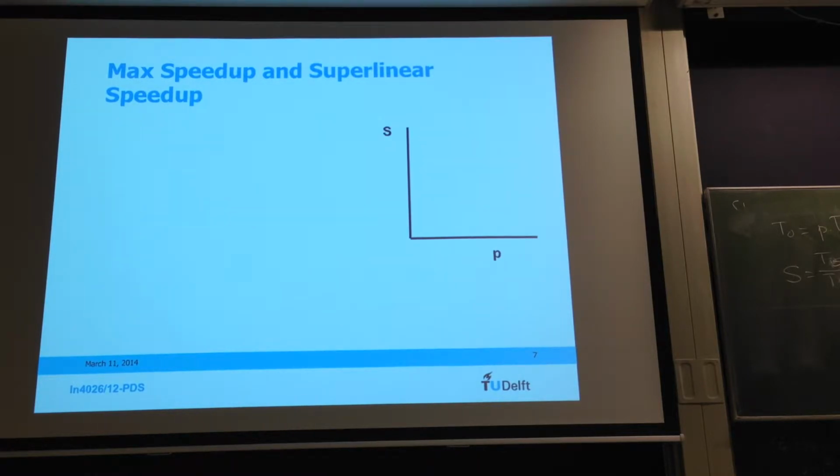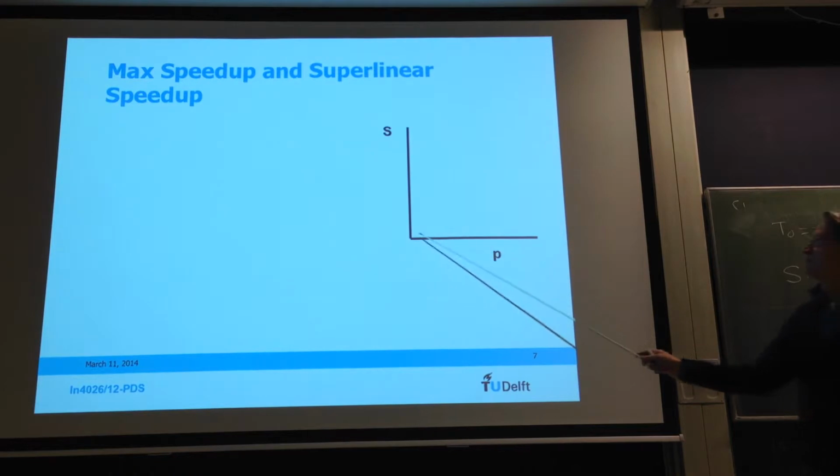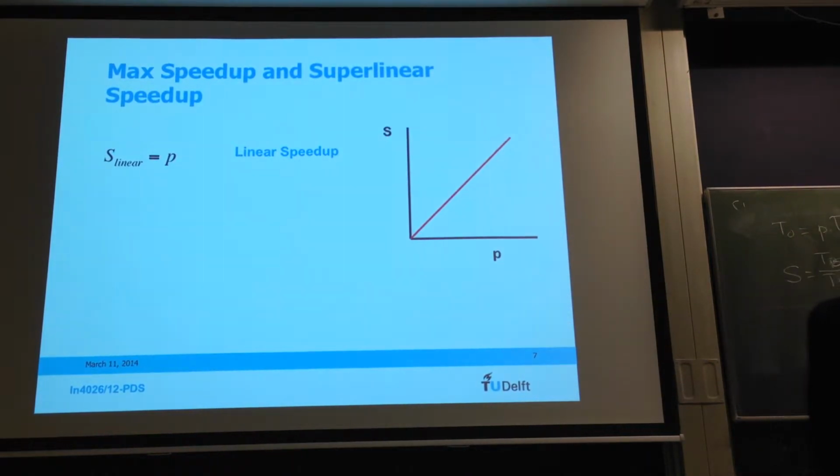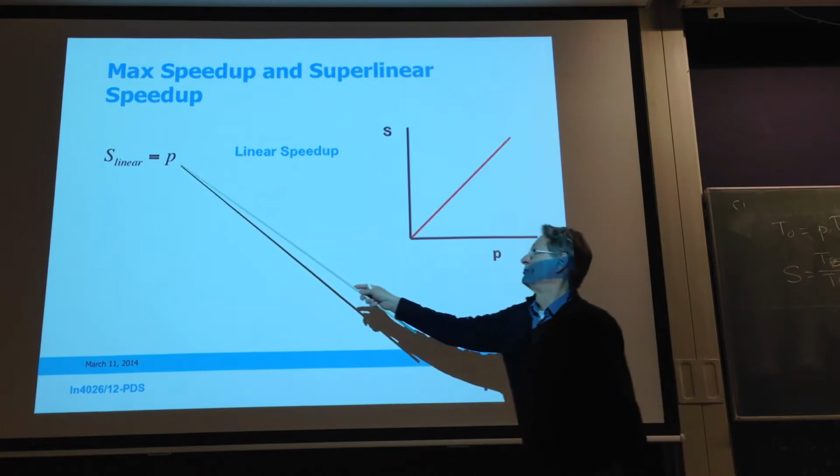Something about maximum speed up and superlinear speed up. If we plot the number of processors against the speed up, we ideally have that the speed up is linear in p, right? If I have an ideal program, then I would get S equal to p.